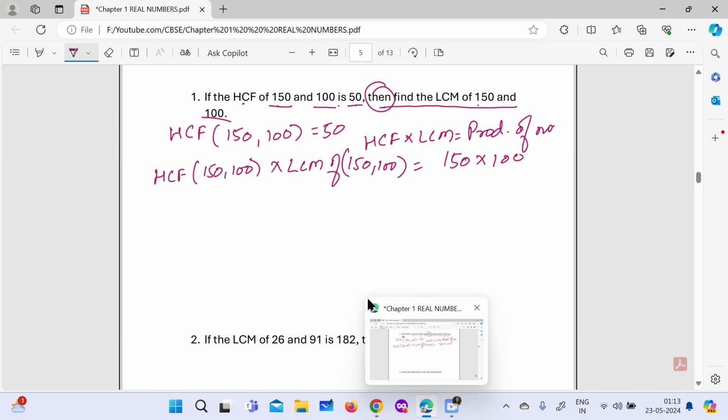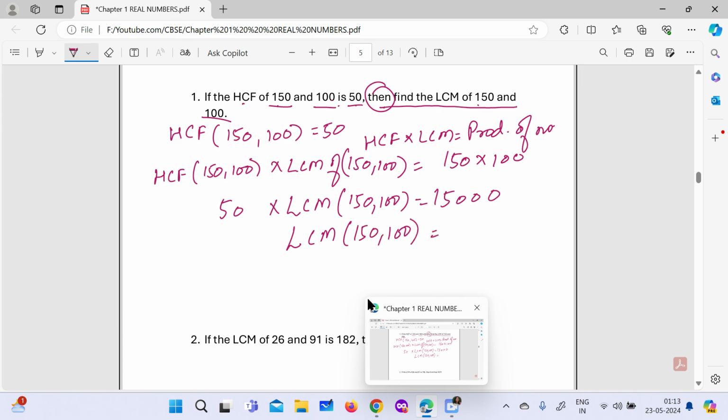Now HCF of 150 and 100 is already given to us, that is 50, and we have to find the LCM of 150 and 100, which is nothing but 15,000 over 50.